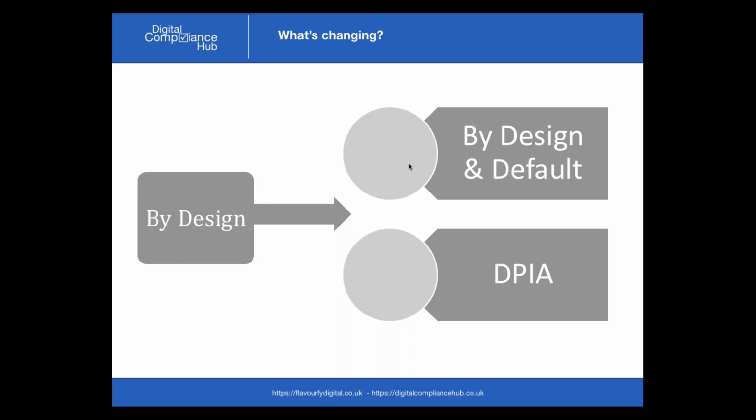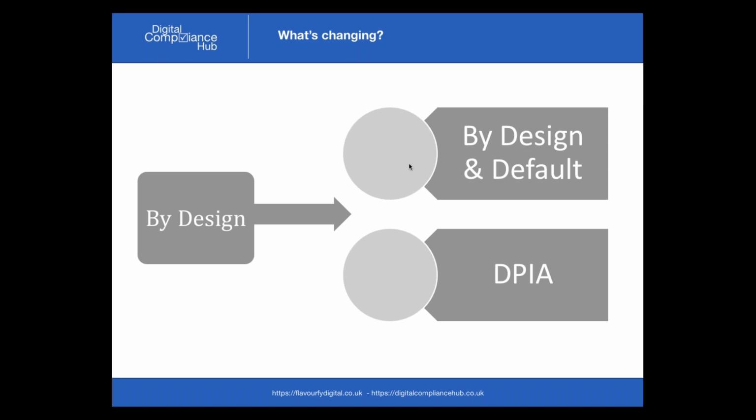There's also an introduction of a concept called data protection by design and default, and a tool called data protection impact assessments. The UK has had privacy by design and privacy impact assessments for some time as best practice, but not as law. The GDPR brings them in as law. So the premise is basically when you're processing data in a new way, or determining a new set of data you're going to be processing, you have to ensure that data protection is considered by default.